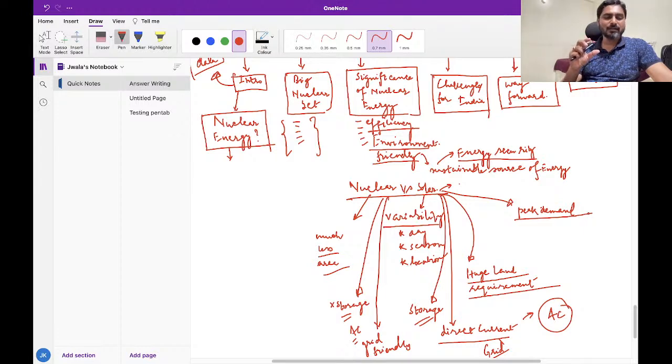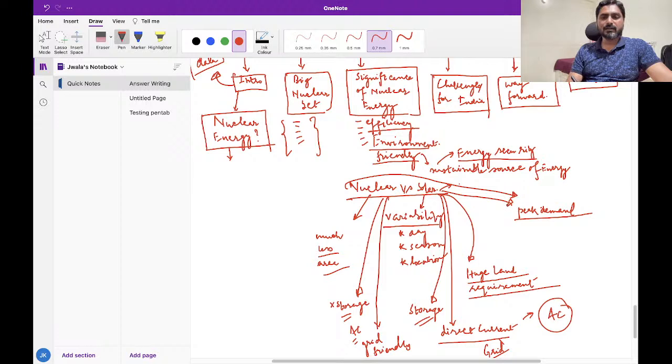And solar plants are designed for specific power only, so you cannot just ramp up the power production in solar power plants. But nuclear can easily address peak power demand. You just need to increase the rate of the reaction, and you will be able to increase the rate of electricity production. So it has flexibility in that sense.